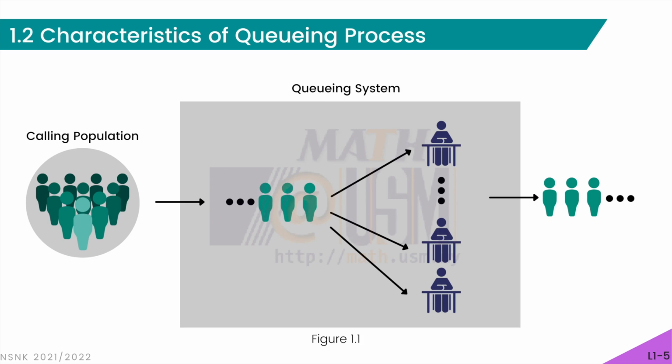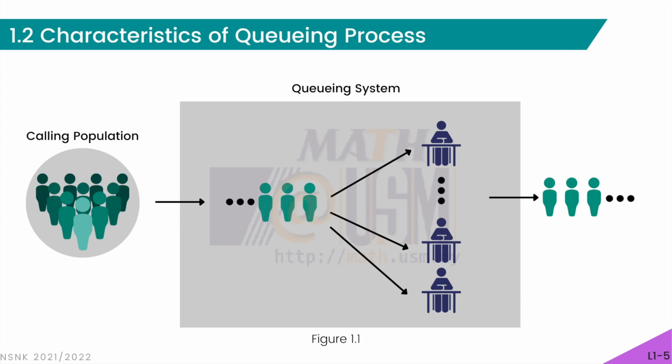Most queuing models assume the basic queuing process where the customers that require service are generated by a calling population. The calling population basically represents your potential customers, or customers that might require service.